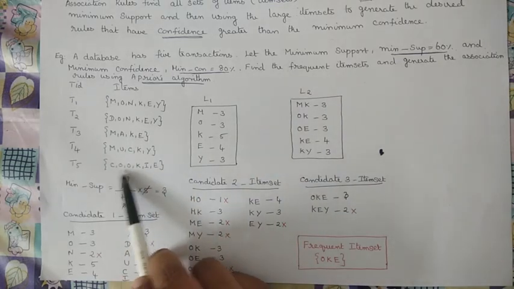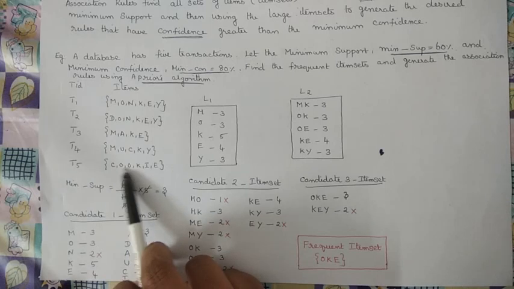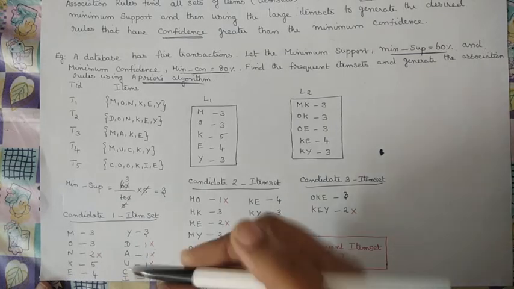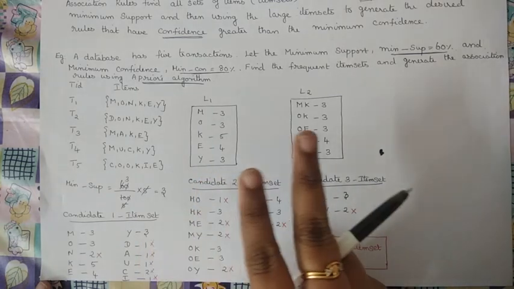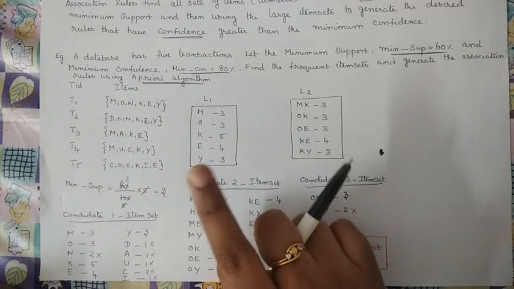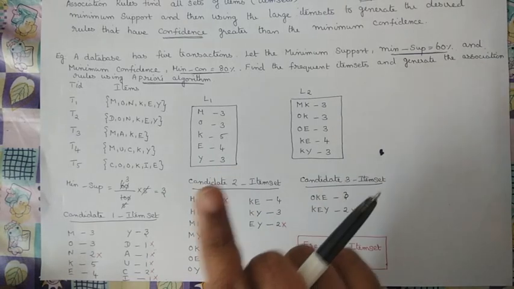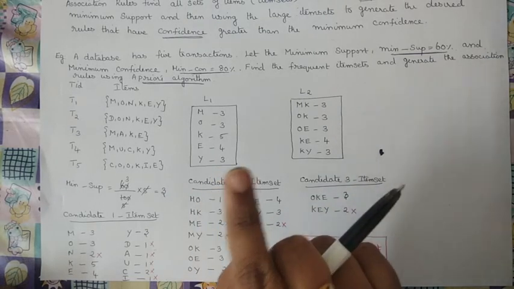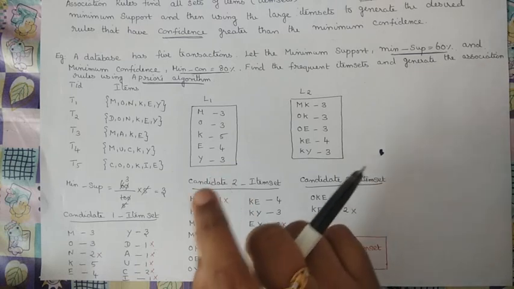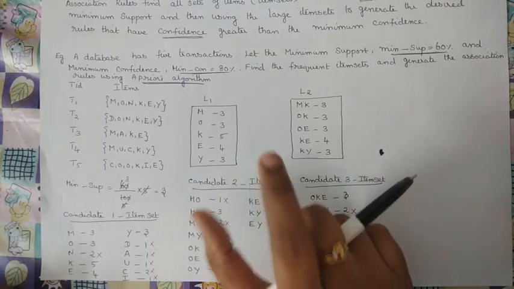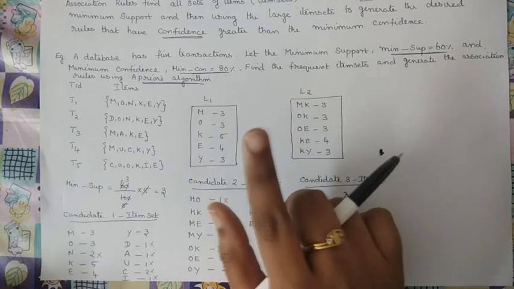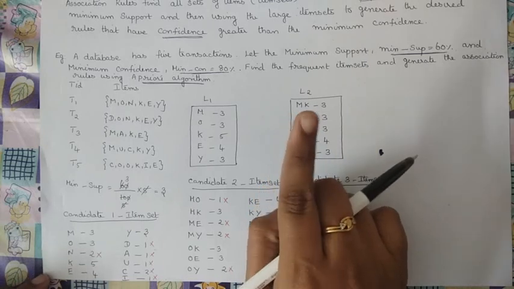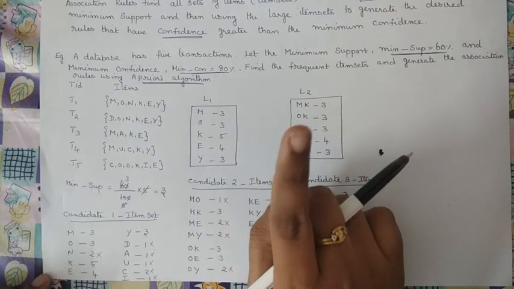Now in this particular example, O is repeated twice. You may have a doubt whether to take O as 1 count or 2 counts. One main thing you have to note is that you are just going to see in how many transactions O occurs.